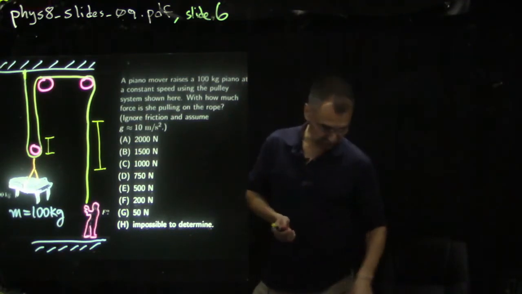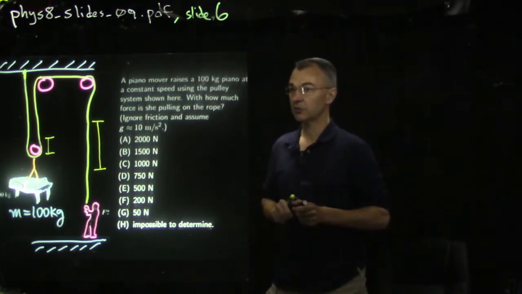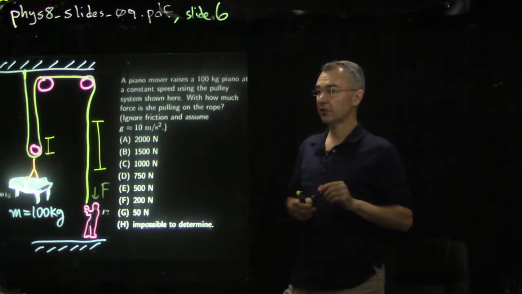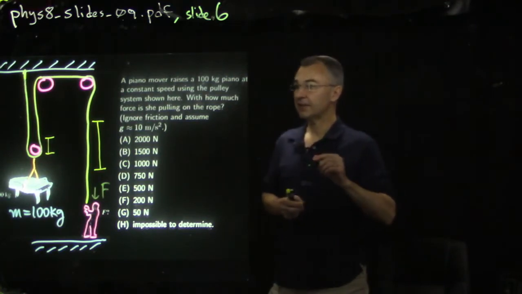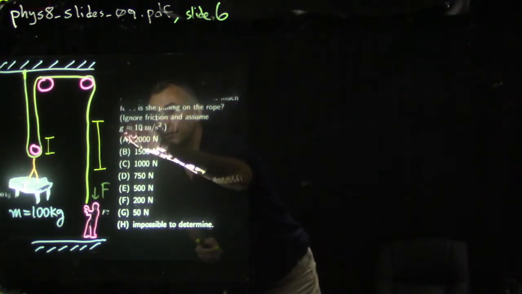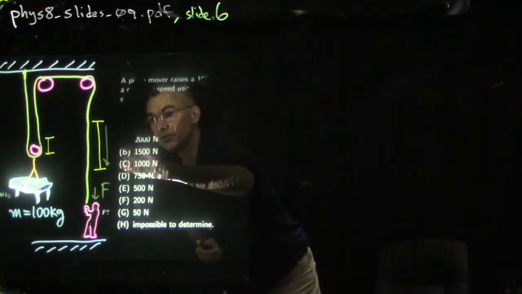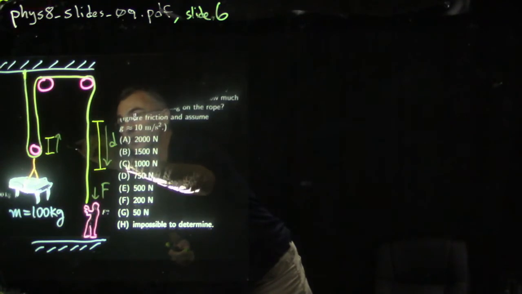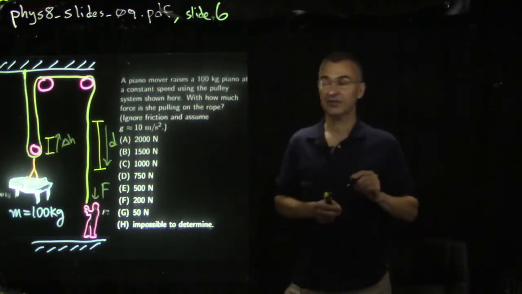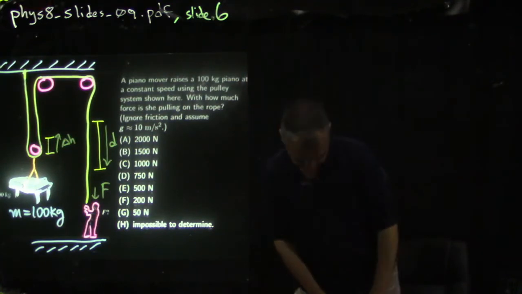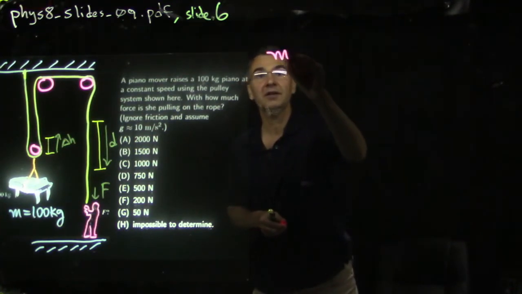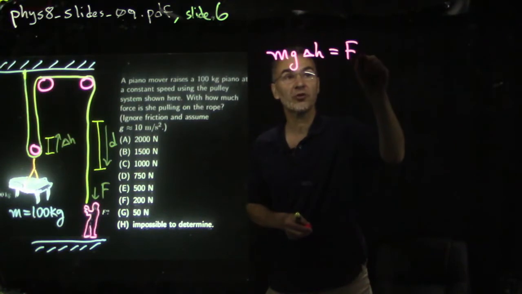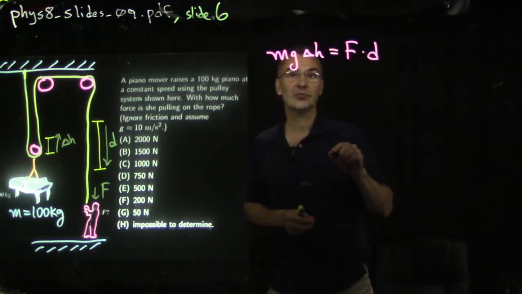So then, say the force that she is exerting on her end of the rope is F. Suppose that she pulls her end of the rope down a distance D, and as a result, the piano goes up a distance, let's say delta H. Then the change in energy of the piano plus Earth system is mg delta H, and the work she does is this force times this displacement.